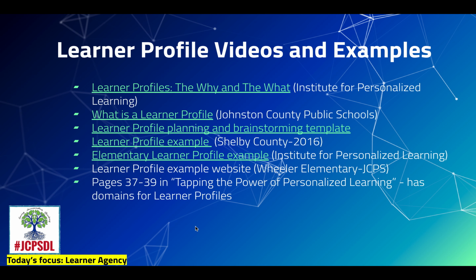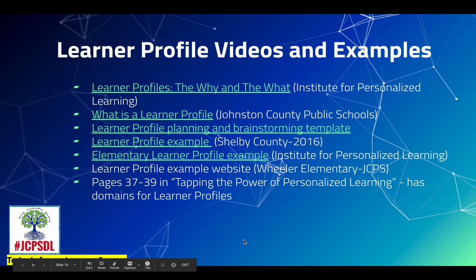Our next piece of inspiration is all around learner profiles. I know you dabbled in learner profiles, and these resources are about designing those, but also about bringing those to life. How do we make sure kids reflect on those and update and monitor those and really own those?